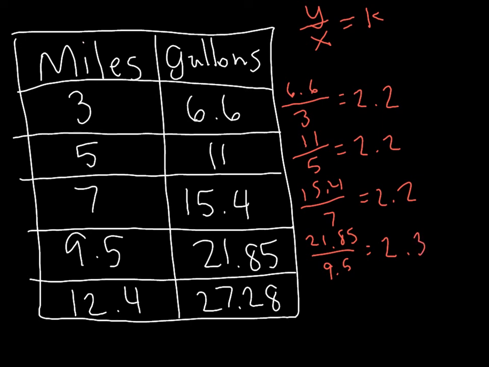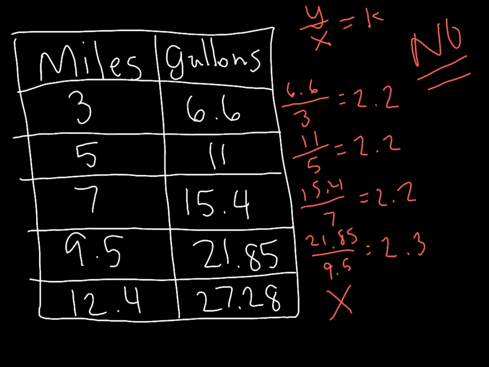Although that is really close, it is not proportional. I don't even need to check the last set because I already know that this is a table that does not represent a proportional relationship.